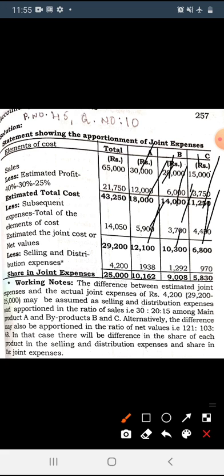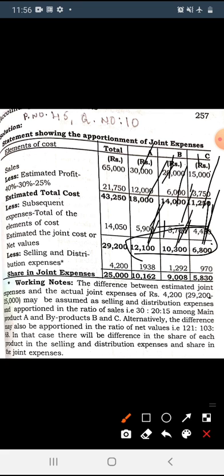How? See, the difference from the estimated joint expenses. How much are the estimated joint expenses? 8,500 and 9,000 and 7,500, estimated at 25,000. But here how much is the joint expenses total? 12,100, 10,300, 6,800 for A, B, C. We have to add these three, right?